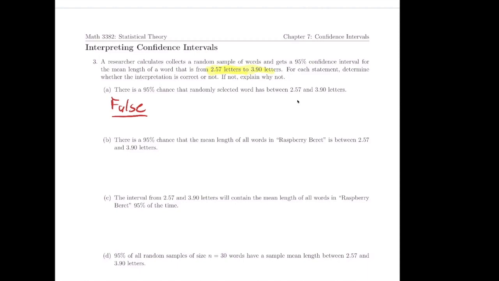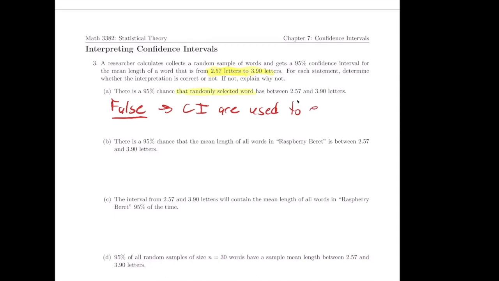Good. The idea here is we're not trying to make a prediction for how long one randomly picked word is going to be. For that, we wouldn't use the sampling distribution. So false here, because these confidence intervals are used to estimate a population parameter.